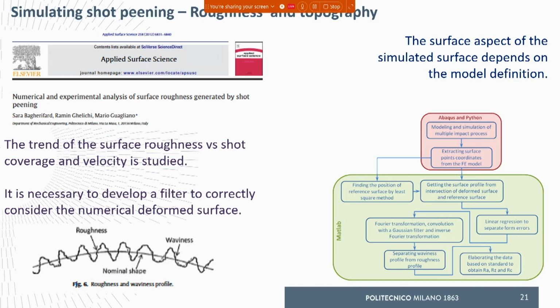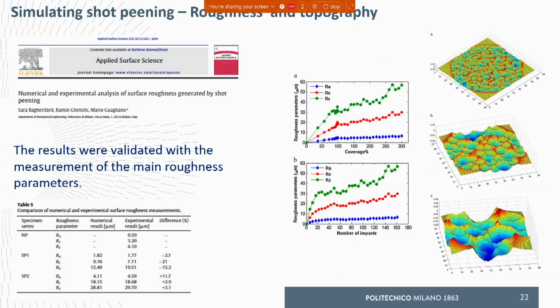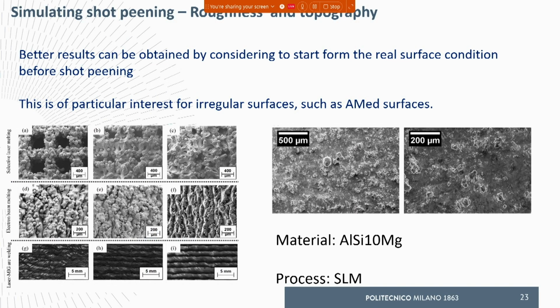Indeed, this was a combined model that considers Abaqus and Python development, so finite element analysis, and then by means of an abstract code, we are able to distinguish between the numerical noise, the waviness, and finally to calculate the roughness that is then well aligned with the experimental values. This was already done last year.